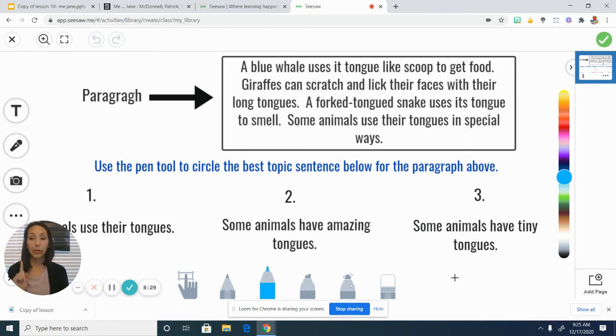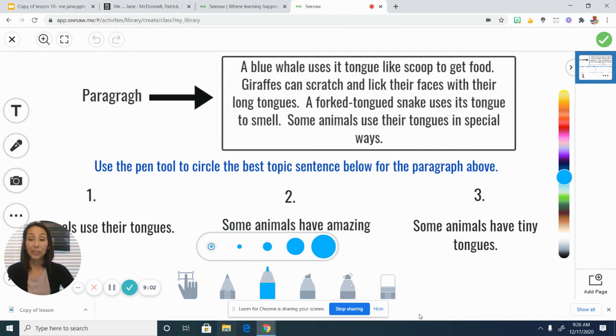It has to tell the reader what the paragraph is about, what the topic of the paragraph is, but it also should try to catch the reader's attention by using some interesting words or some way of getting the reader to say, that looks pretty interesting. I want to keep reading. So see what you think, and you can just use the pen tool and you can circle whichever one you think makes the best topic statement for this paragraph. And we can't wait to see what you think.